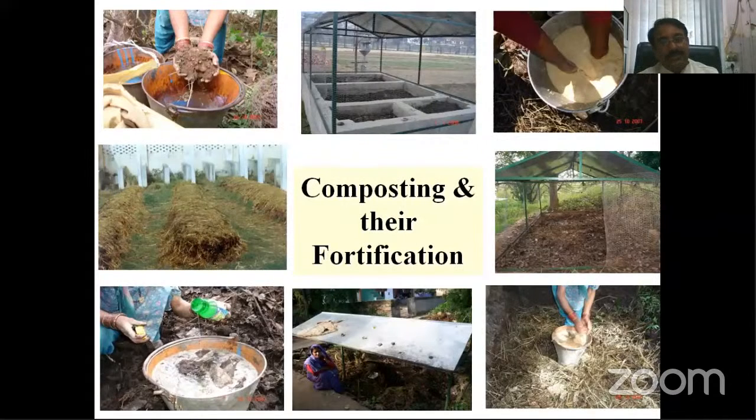Compost should not be simply used under the organic production system. It must be fortified, and it can be fortified in several ways. If acidic soil is there, then lime can be added. These are natural sources. If phosphorus deficient soil is there, then rock phosphate can be added. If general compost is there, then microbial consortia and biofertilizer can be added. Then this compost can be made into vermicompost.